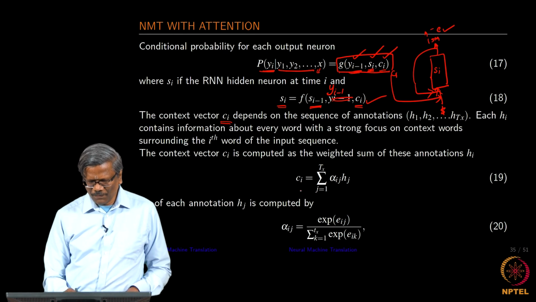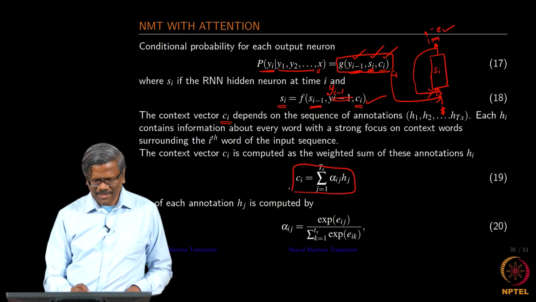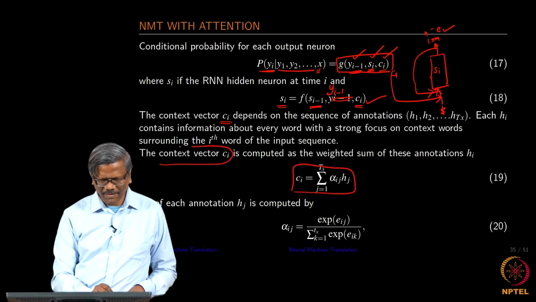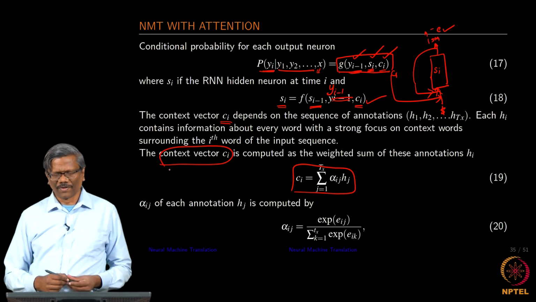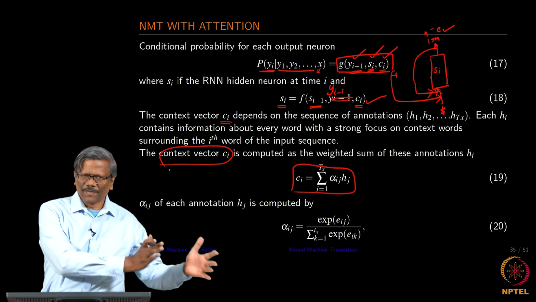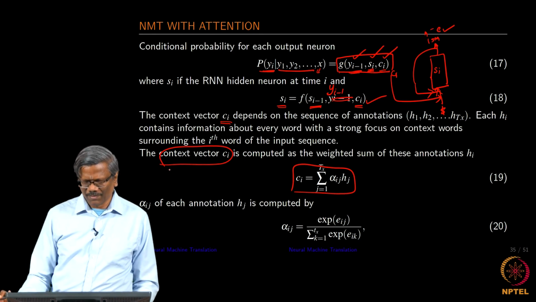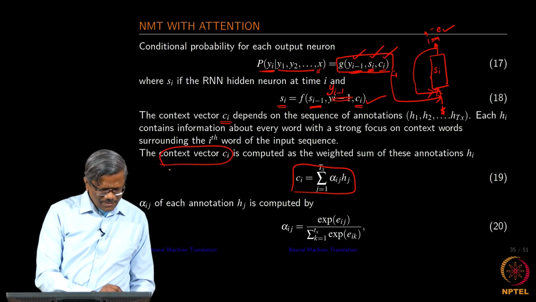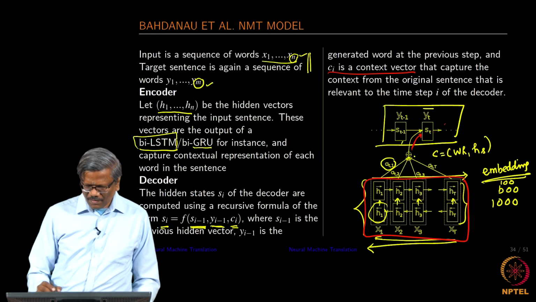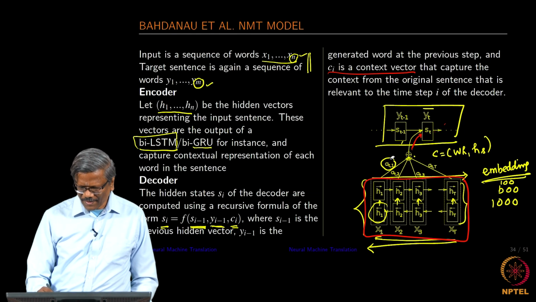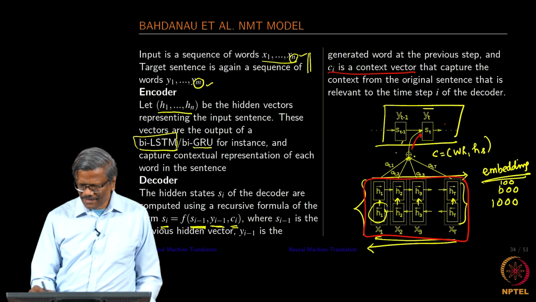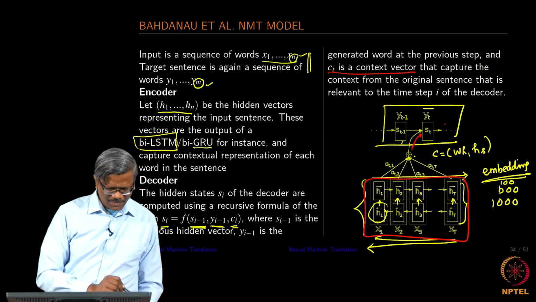So, how could we compute Ci? The Ci vector is our context that we are inputting into the decoder, correct. So, we now have to come to the encoder side and then see how Ci could be computed. You remember we saw there are alphas going in, right, and then this is the weighted sum I told you earlier.